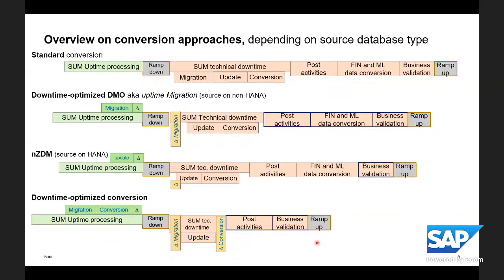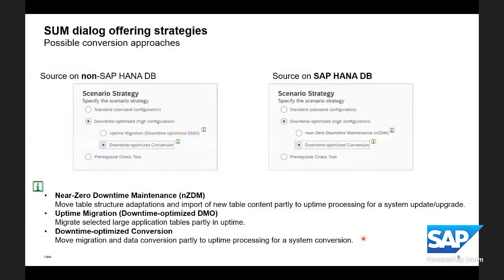I told you that those approaches are available with a software update manager. Where do I find this? Well, in one of the first dialogues, you will get the respective entry. So the dialog offerings of the software update manager. If the source is not yet on HANA database, then this dialog, I think it's the third or fourth dialog of the software update manager, allows you to decide on the scenario strategy.